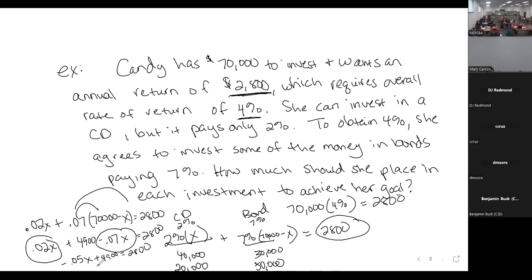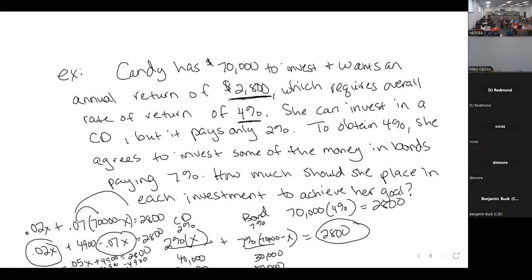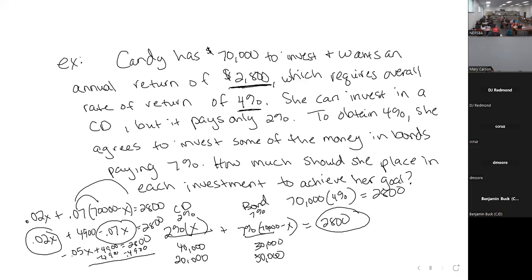And we subtract 4,900. And then divide, it's going to be a negative, obviously. All right, so negative 0.05x is equal to negative 2,100, is that right? Check my math there.